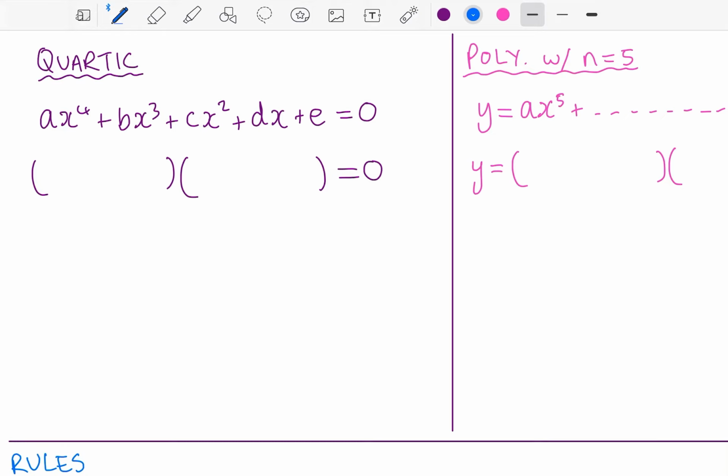Well, we saw that a cubic can be factored into a linear times a quadratic, a degree of 1 times a degree of 2 gives you a degree of 3. Well, two quadratics multiplied together would give you a degree of 4. Okay, degree of 2 times a degree of 2. And, well, that's what you get. You're going to get a quadratic times a quadratic.